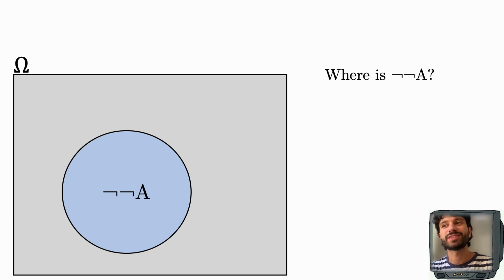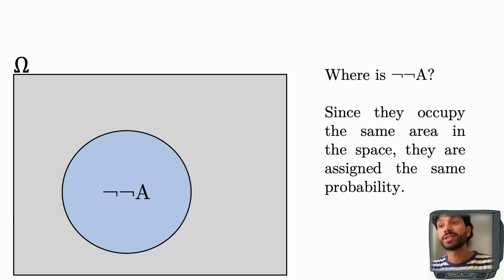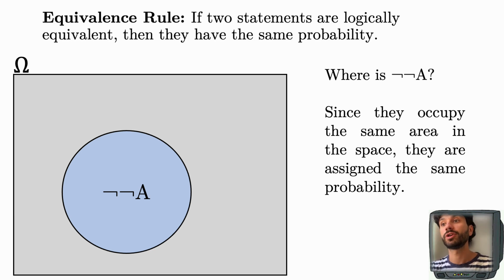So they occupy the same space. And since they occupy the same area in the space, they're assigned the same probability. And this is a visual representation of our third rule, which is the equivalence rule. If two statements are logically equivalent, then they have the same probability. That makes sense, right? Intuitively, you'd want statements that say the same thing to have the same probability.